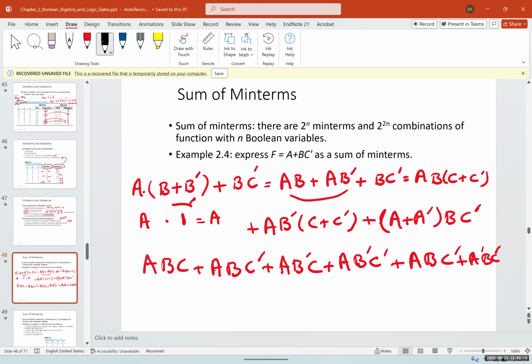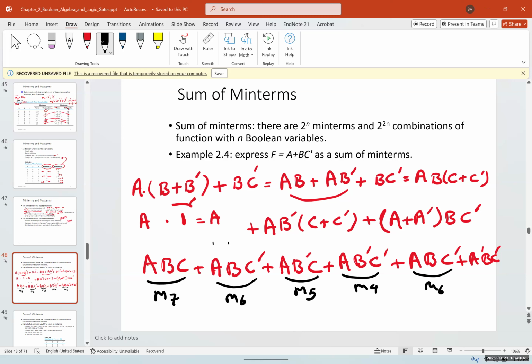Now, what is abc equal to? M7. a b c prime, which is 1, 1, 0, it's M6. a b prime c, which is M5. a b prime c prime, which is M4. a b c prime, which is 1, 1, 0, again, it's M6.